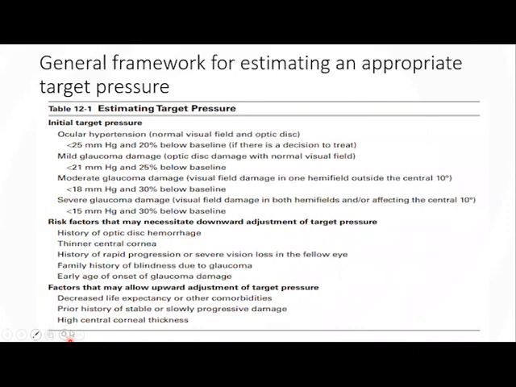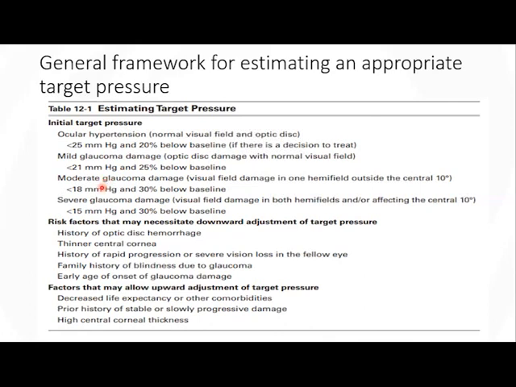The general framework for estimating an appropriate target pressure, the initial target pressure: in case of ocular hypertension, with normal visual field and optic disc, the initial target pressure is less than 25 mmHg and 20% below baseline. In mild glaucoma damage, that is optic disc damage with a normal visual field, less than 21 mmHg and 25% below baseline.